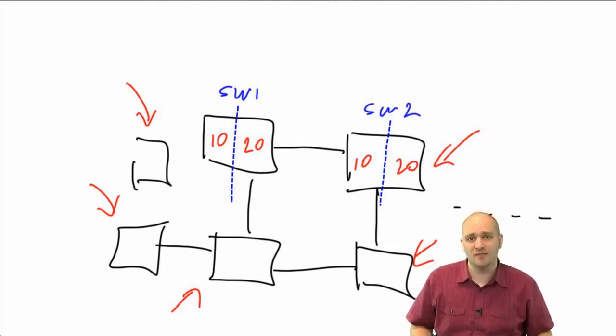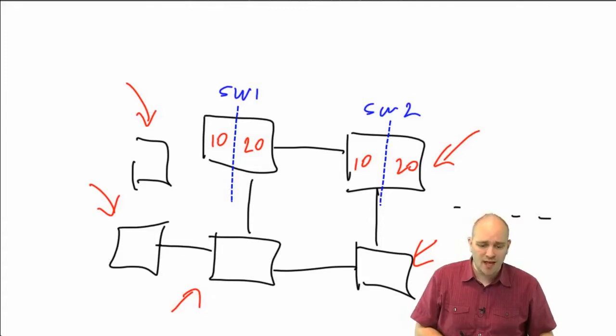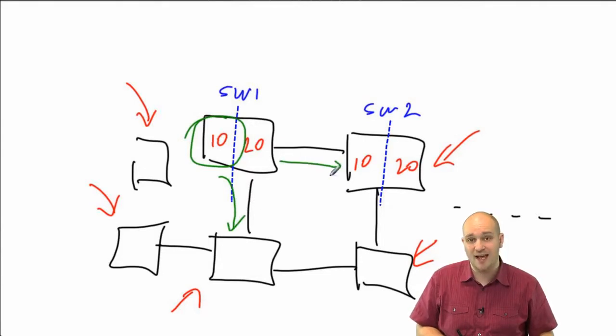Generally speaking, the way VTP works is when we create a VLAN on one switch. Let's say that we create a VLAN here on our switch number 1. Switch number 1 is going to propagate this information that the VLAN has been created to its neighboring switches.